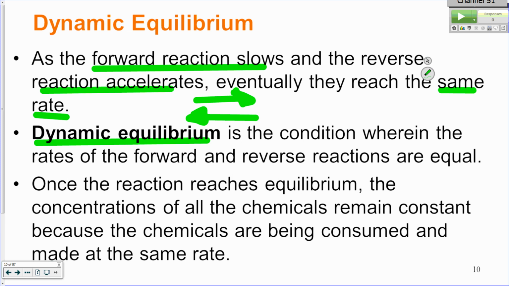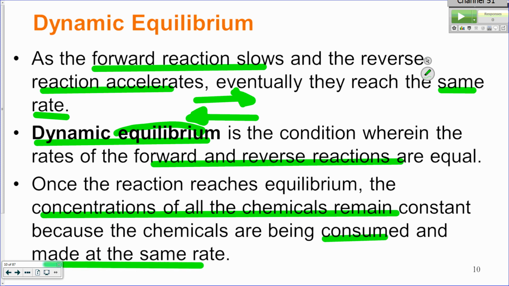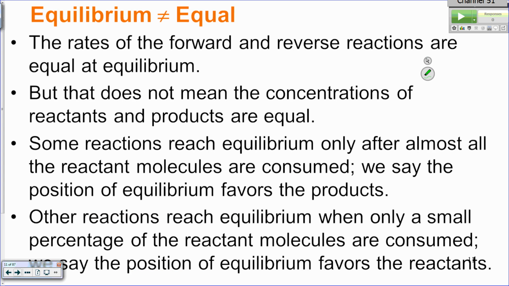But we say it's at equilibrium when the forward and reverse rates are equal to one another. So once the system has reached equilibrium, the concentrations remain constant because the chemicals are being both consumed and produced at exactly the same rate. So there's no net change in concentration.